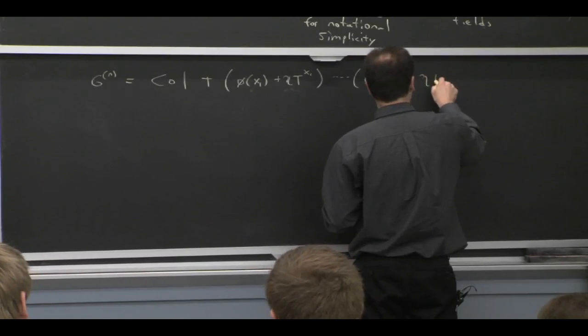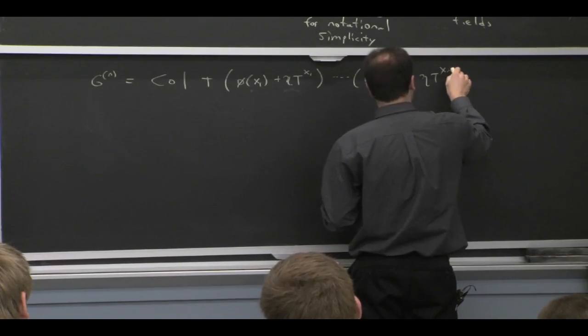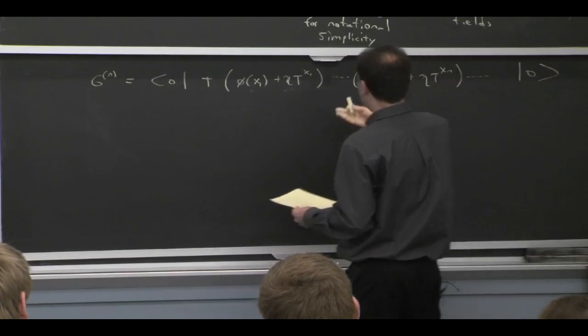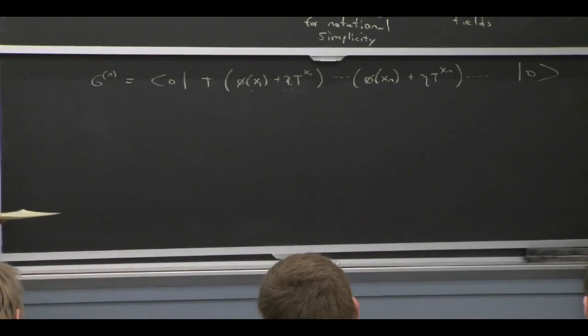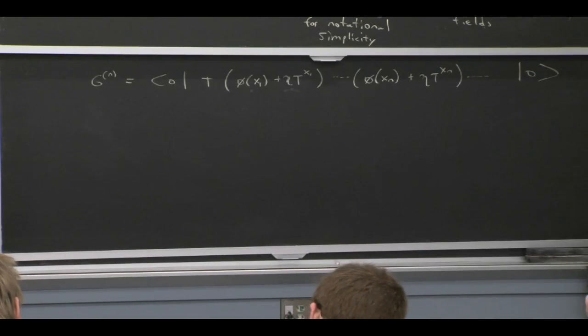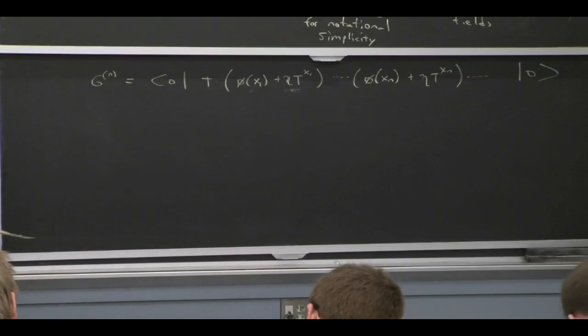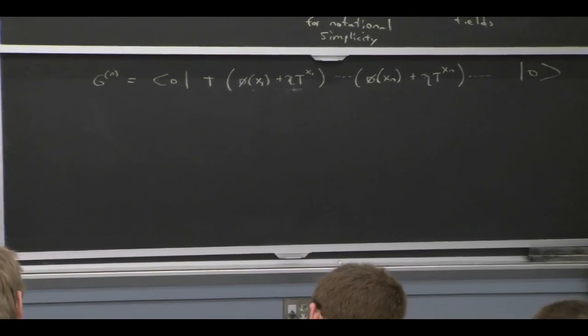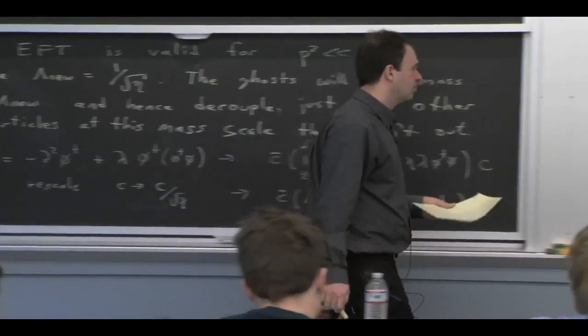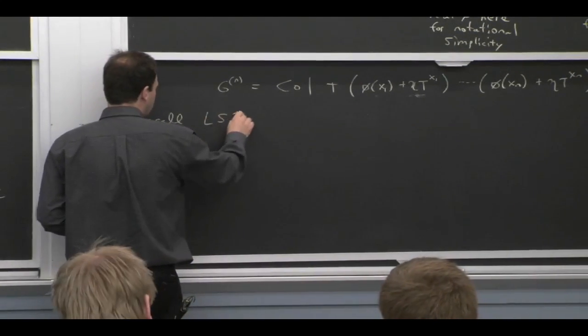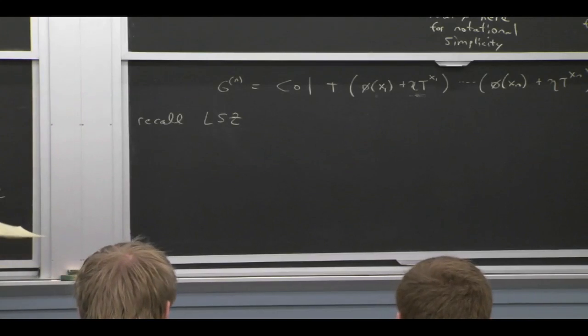Or you can just think about making the field redefinition directly in this matrix element, and you'd have a matrix element that looks like that. So it's not at all obvious that these extra pieces that involve fields can't change the value of this Green's function. And in fact, they will change the value of that Green's function. But the important thing is that we have to consider observables and not just Green's functions.